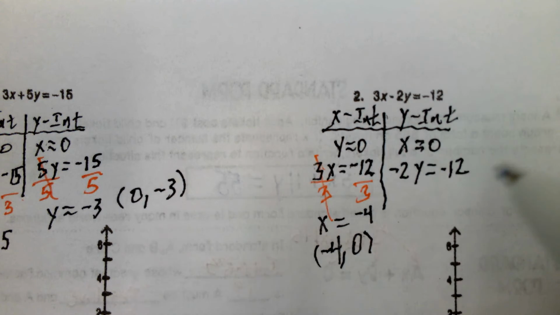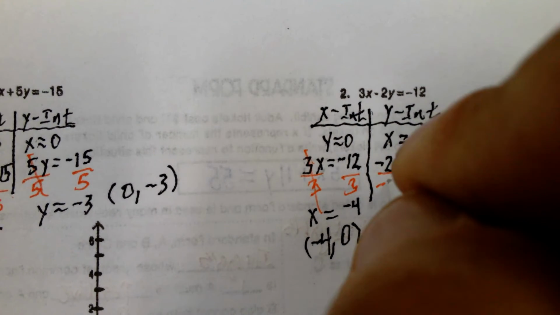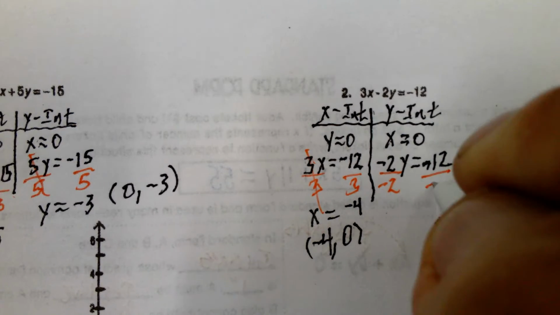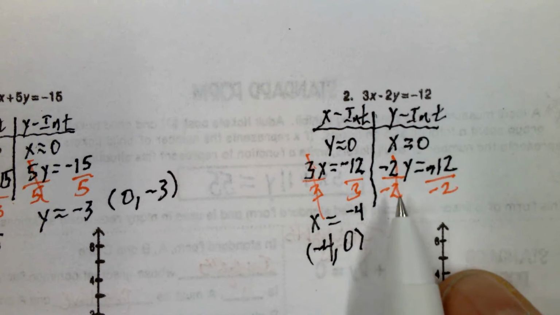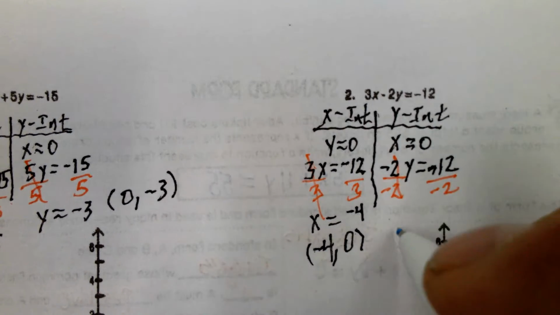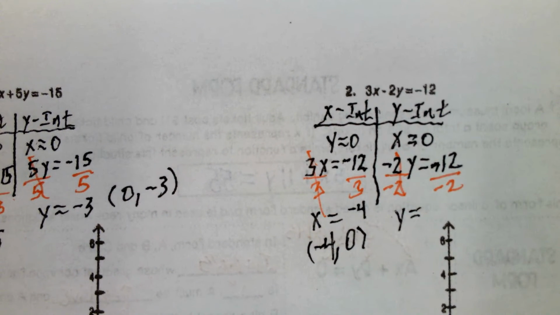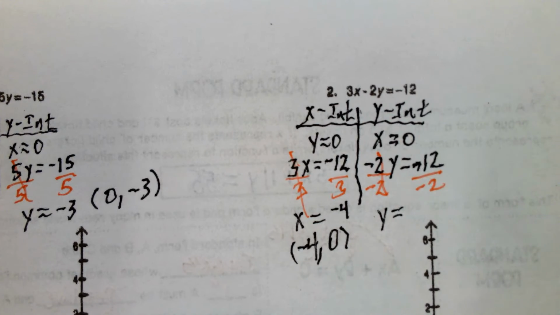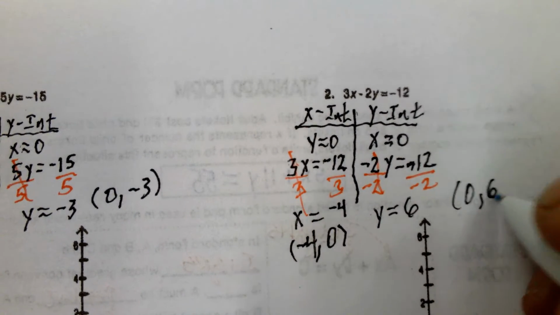Or negative 12, sorry. Okay, let's solve this by dividing by negative 2. So basically I get y equals negative 12 divided by negative 2. What does that give us? 6. So this is 0 comma 6.